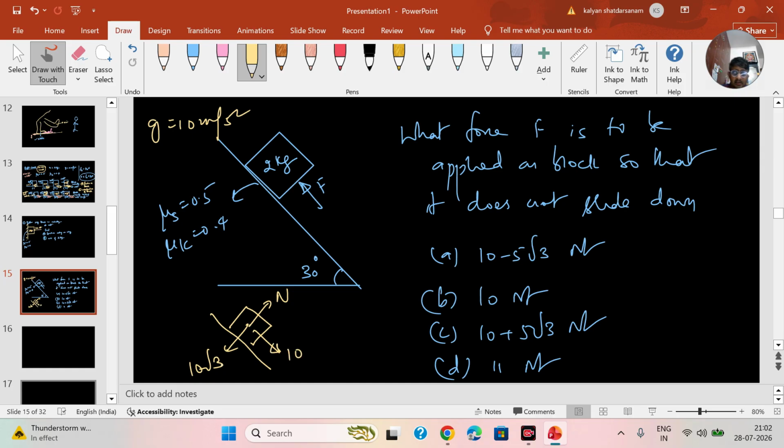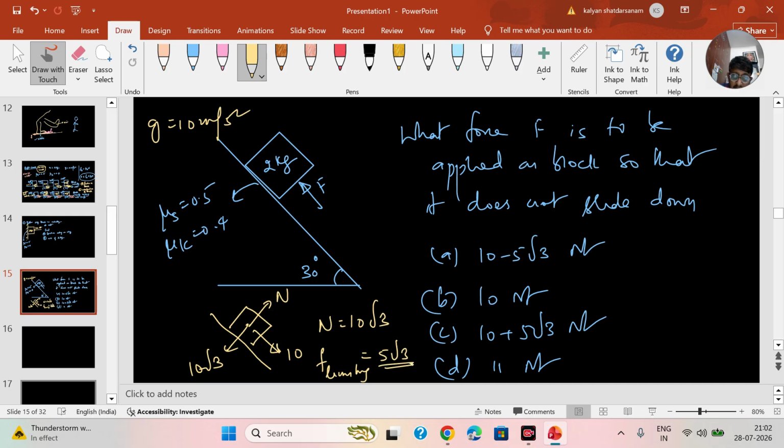Now, what is the bond breaking force here? μ_s N, μ_s is 0.5, N is 10 root 3, because there is no acceleration perpendicular to the incline. And limiting friction is μ_s N, 0.5 into 10 root 3, which is 5 root 3.